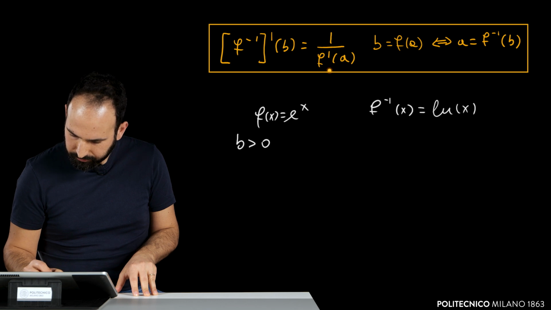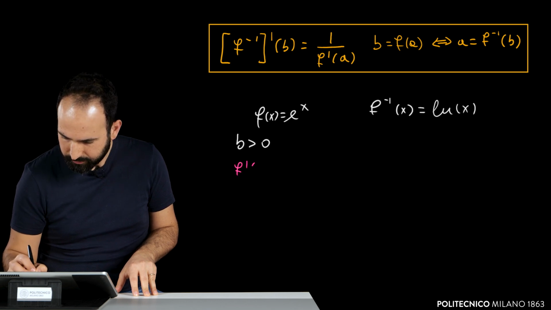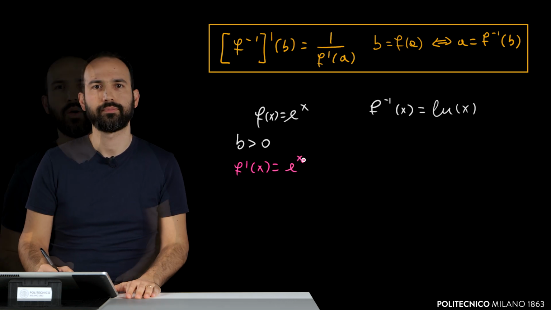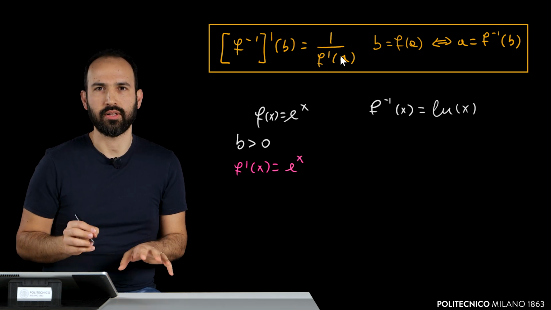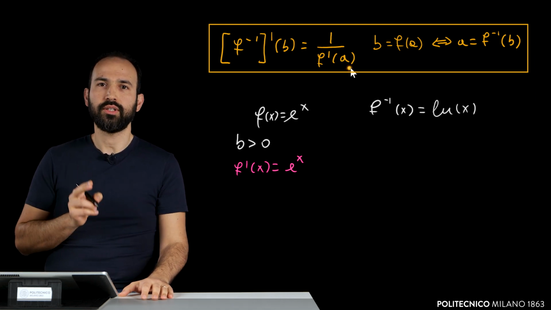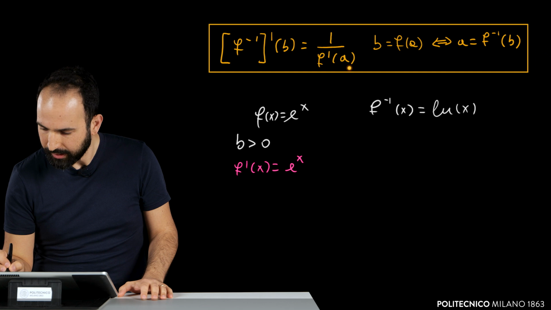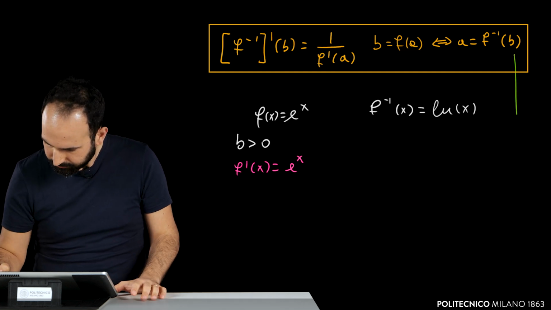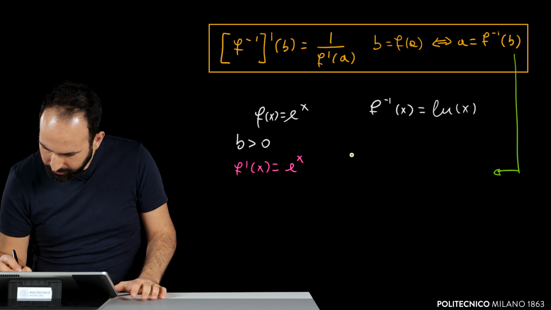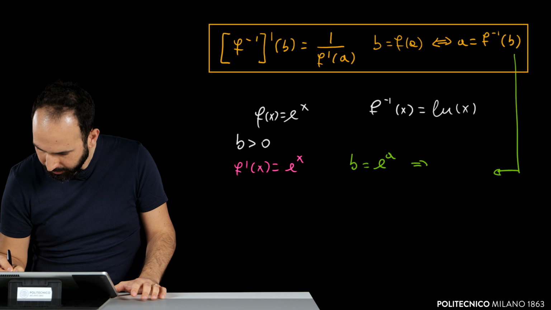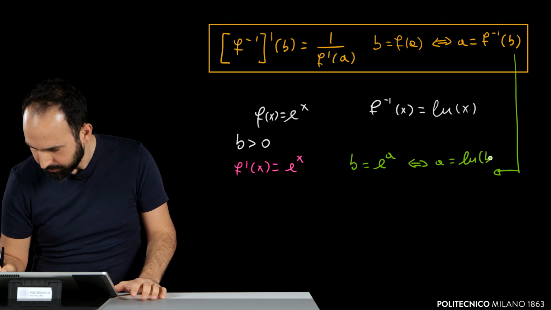So, f'(x) is equal to the exponential of x. We have to evaluate such derivative at a certain value a, which is related to b by this relation. That in our case means that b is equal to exponential of a, or equivalently, a is the natural logarithm of b.